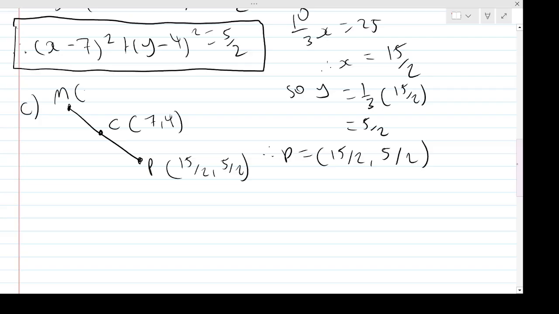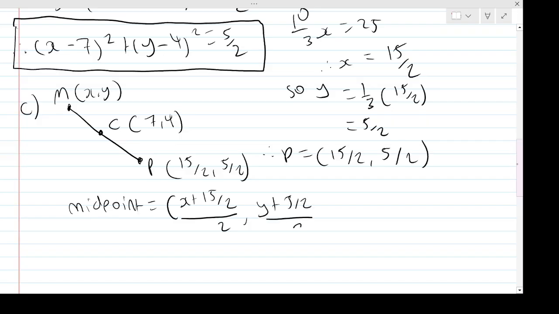Well, we can work out this point, x, y, can't we? If we consider the midpoint formula, we can work that out. So let's work out the midpoint, because it has to be the centre then. So the midpoint between M and P: if we add the x values, x plus 15 over 2 over 2, and then y add 5 over 2 over 2.